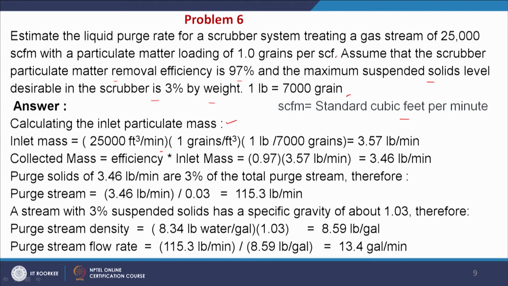So, 25,000 SCF multiplied by this 1 grain per cubic feet, this will be our grains, and 7,000 grains is equal to 1 pound. So, divided by 7,000, that will be 3.57 pounds per minute.